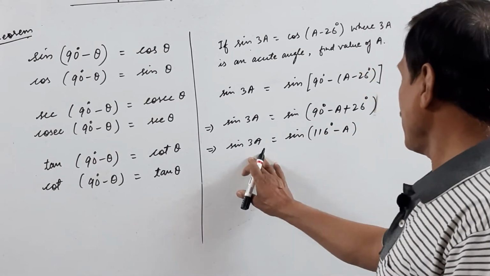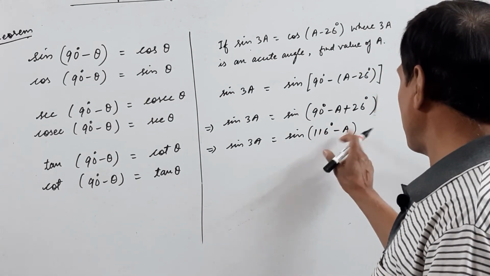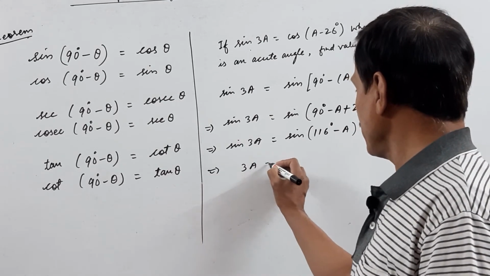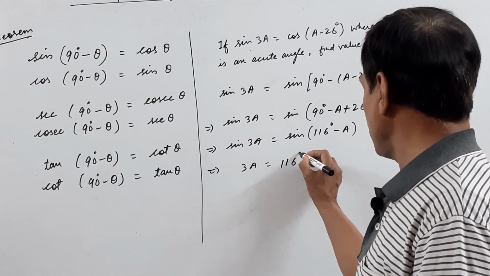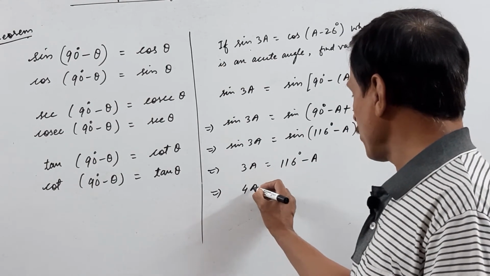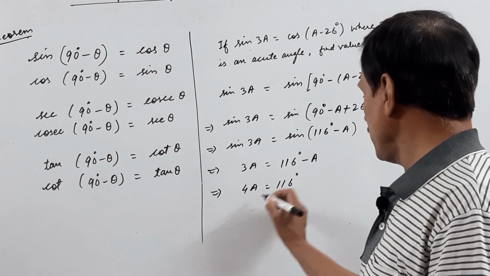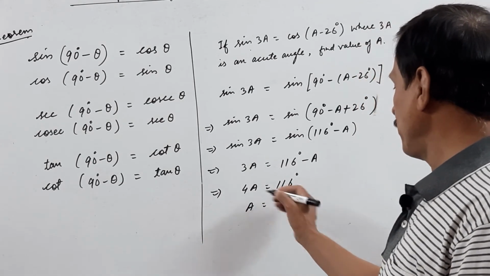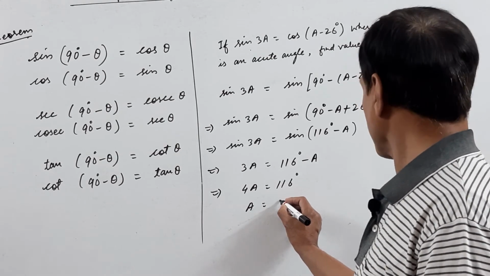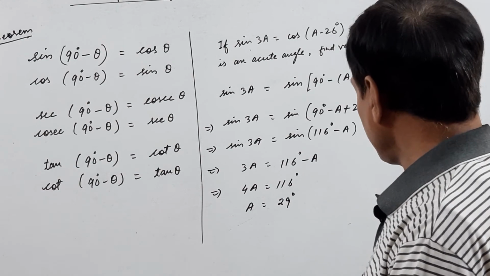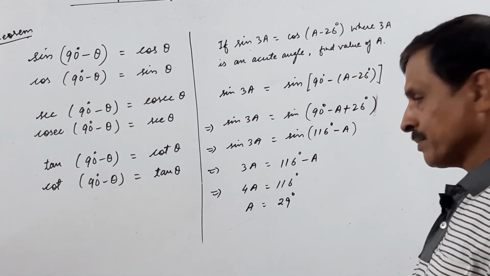So 3a is equal to 116 degrees minus a, which further implies 4 times a is equal to 116 degrees, or a is equal to, dividing 116 by 4, we get 29 degrees.